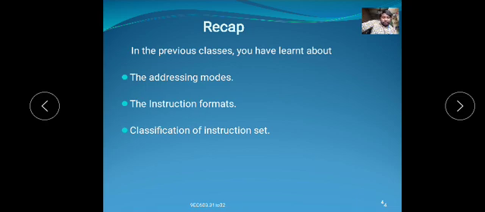Based on function, the 8051 instruction set is classified into 5 groups: the data transfer group with 28 instructions, arithmetic group 24, logical group 25, branch group 17, and boolean group 17. These are the classification of the instruction set of the 8051 microcontroller.